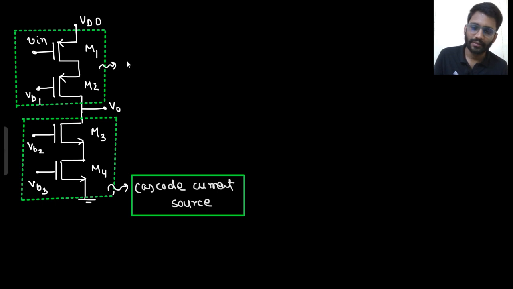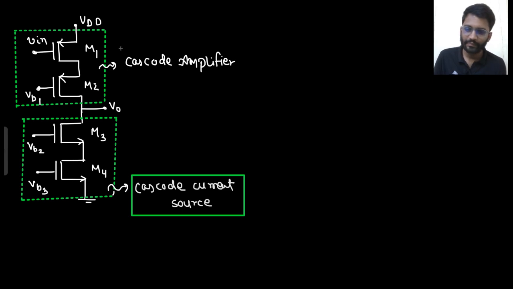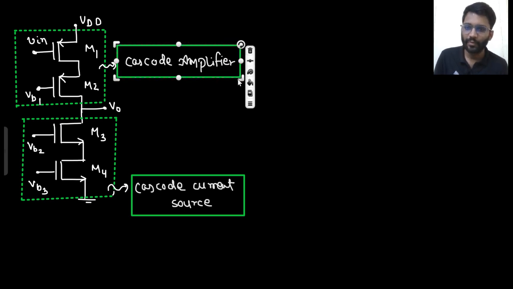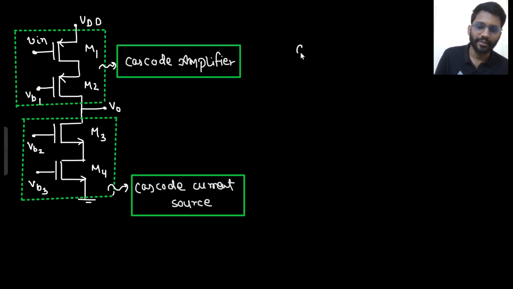And this is cascode amplifier. What will be GM? Capital GM. That would approximately be equal to minus GM1 only.